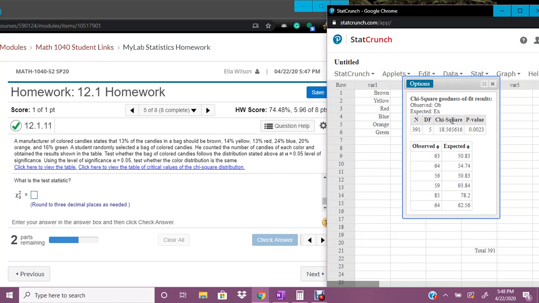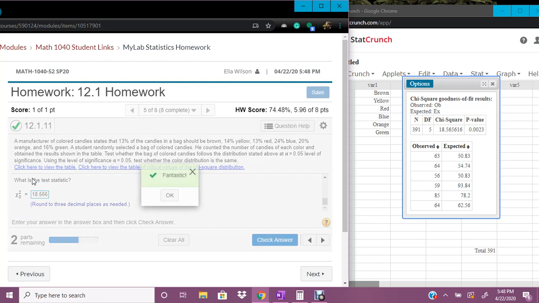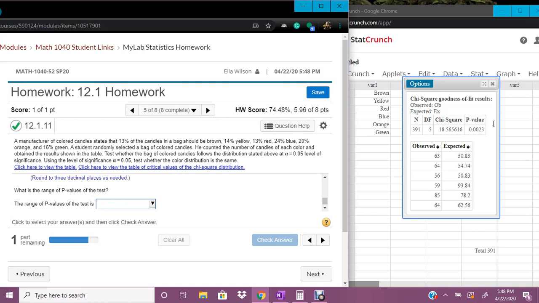This chi-square number right next to the p-value is our test statistic that it's asking us about. And the p-value is the p-value like it has been, and it is very small.